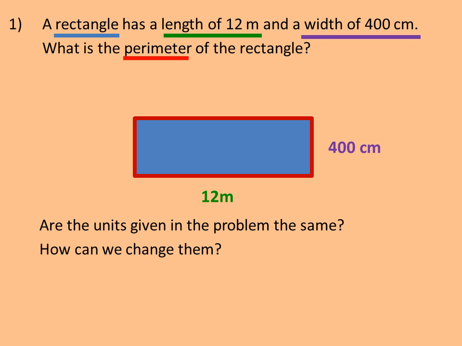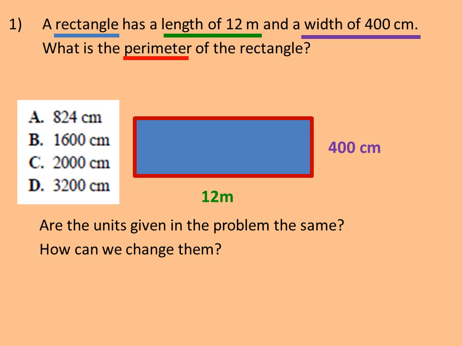Well, one of the things you want to do when you're working a problem like this is you want to look at your answers. Notice that your answers are all given in centimeters, so we're going to want to change the meters. Meters are bigger than centimeters. In fact, there are 100 centimeters in a meter.